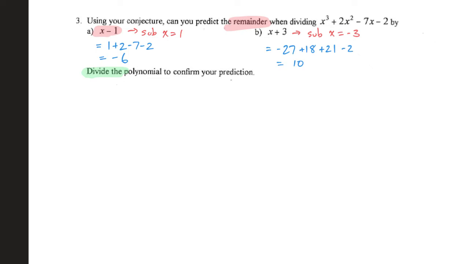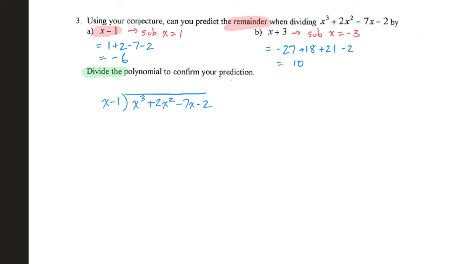Take x minus 1 and divide that back into your original. And do the same thing for problem b. We're going to go super fast. You've got a minute and a half, that's 45 seconds per division, and we'll see if we get down to the same thing.